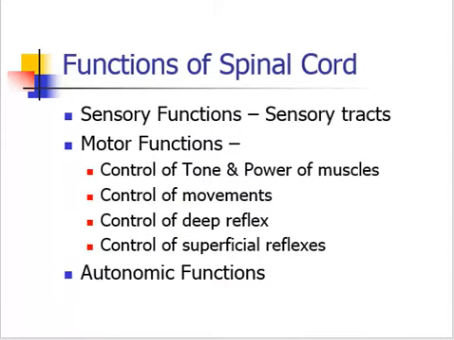Finally, we are going to see the functions of the spinal cord: receiving sensory function through the sensory tracts, and motor functions that control the tone and power of the muscles and control movement, control of the deep reflexes and superficial reflexes, and finally the autonomic functions.